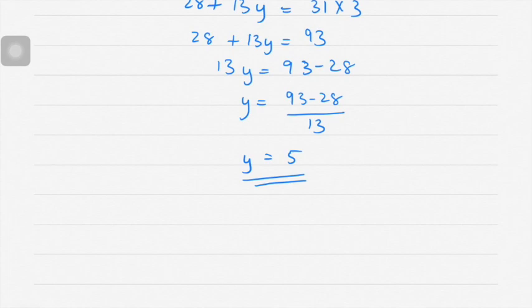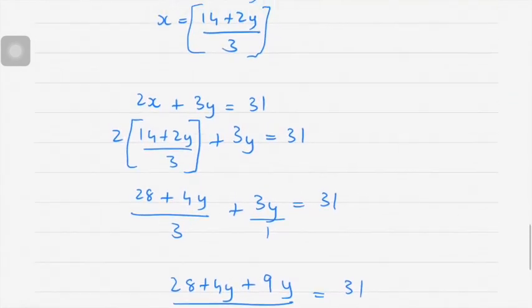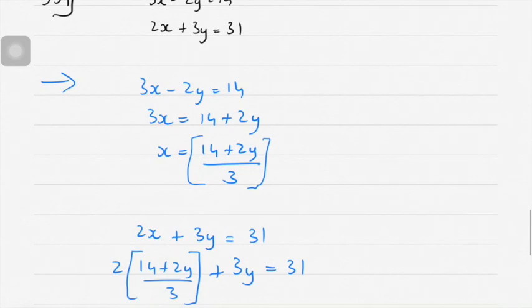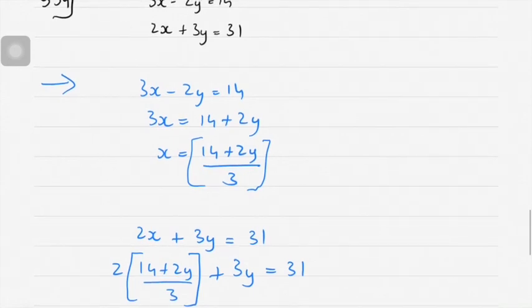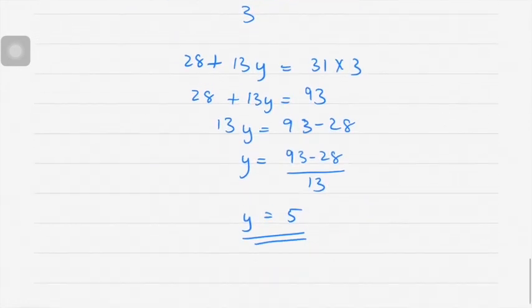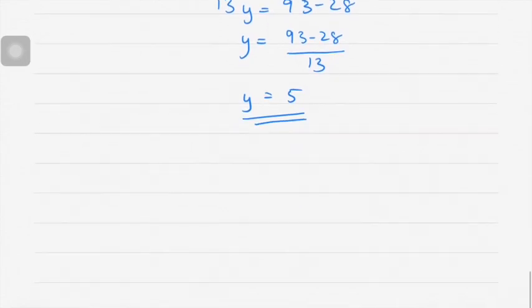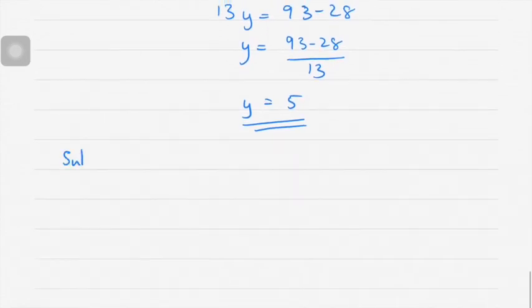Now you know the value of y. Can you find the value of x? Just substitute y is equal to 5 in any of the equations. I'll substitute it in equation 1. So 3x minus 2y is equal to 14. This is my equation 1.